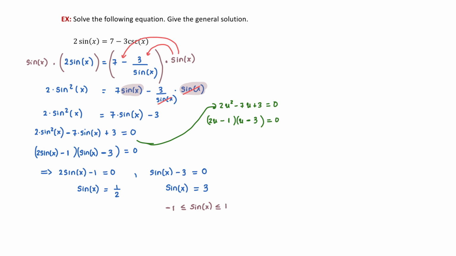So sine x is always between -1 and 1. So it is impossible for sine x to ever be equal to 3. The highest value that sine x can achieve is 1, and the lowest is -1. So as a result of that, I will conclude that there is no solution for this particular equation.